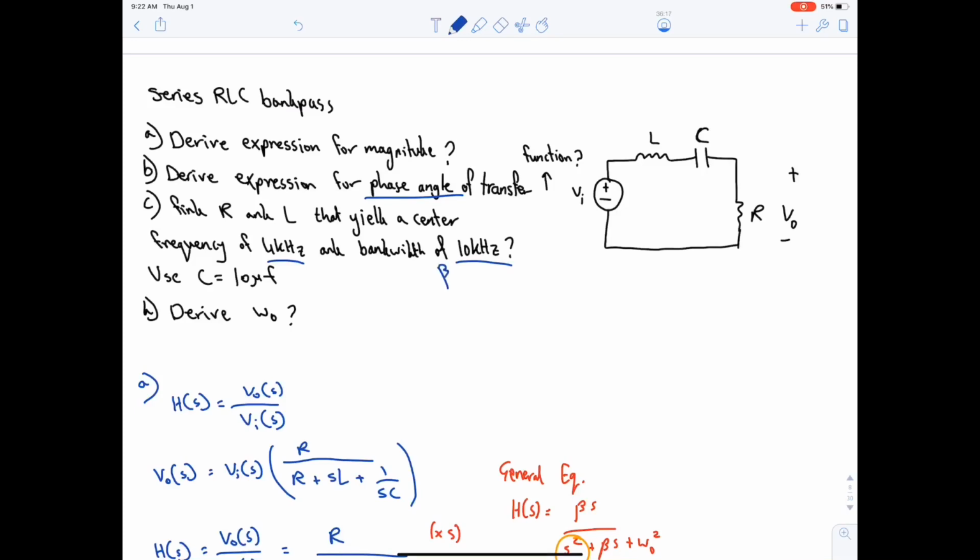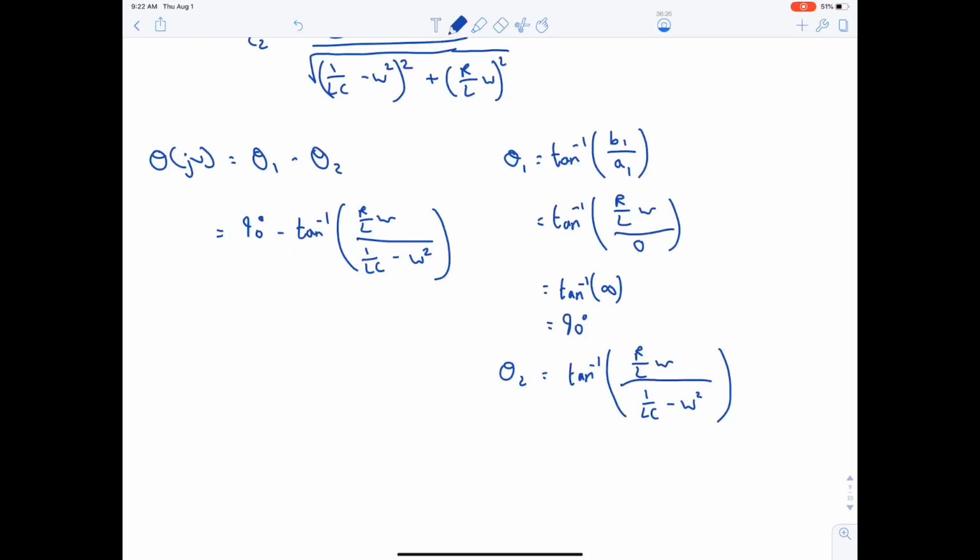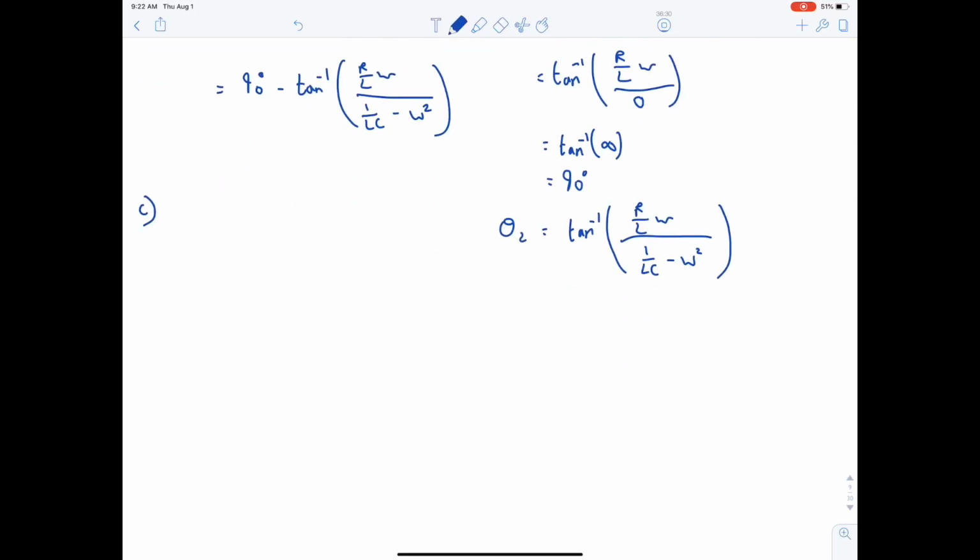So this is beta and this is omega naught, the center frequency. And we have C. We need to find R and L. How can we find R and L? We know that omega naught is equal to 1 over the square root of LC. Omega naught was given in hertz, so we have to convert it to omega.